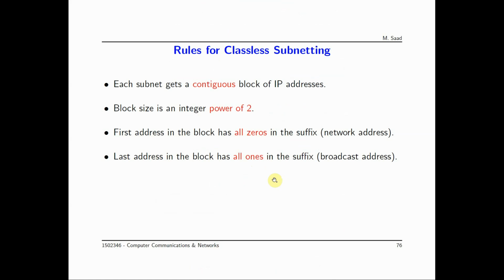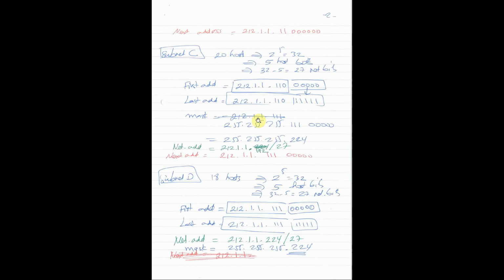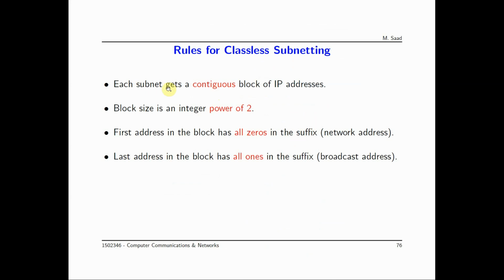And before we leave you, let me summarize some rules when you create subnets in classless IP addressing. When we create a subnet, the subnet will receive a block of IP addresses from the first until the last, but that block is always a contiguous set of IP addresses. So we're not jumping. Each subnet gets a contiguous block of IP addresses.